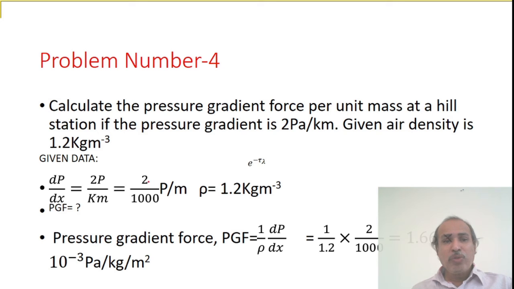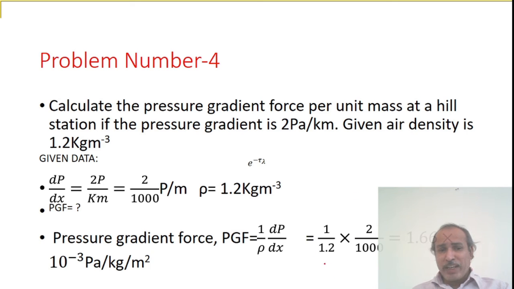2 divided by 1000. Kilo means how many meters? 1000 meters makes 1 kilometer. So here we substitute the k value, so Pascal per meter. Rho equals 1.2 kg per meter cube. So now write dP by dx, that is 2 over 1000, times 1 over 1.2.